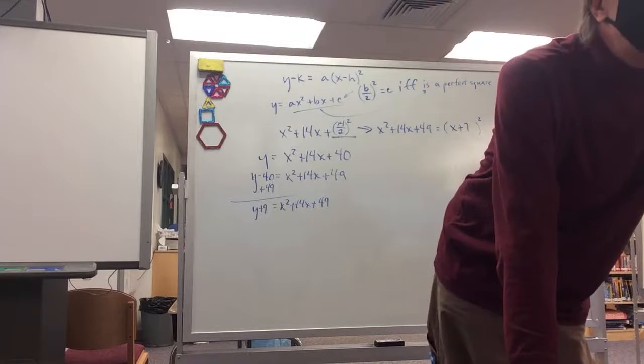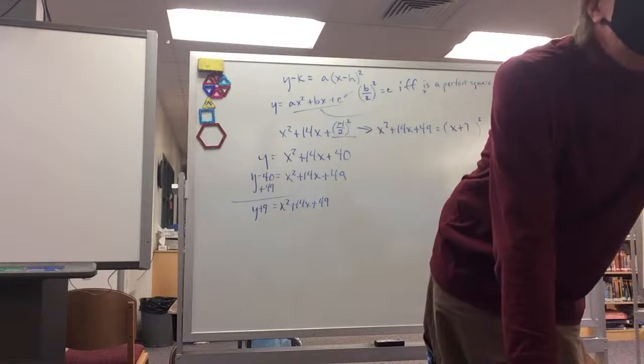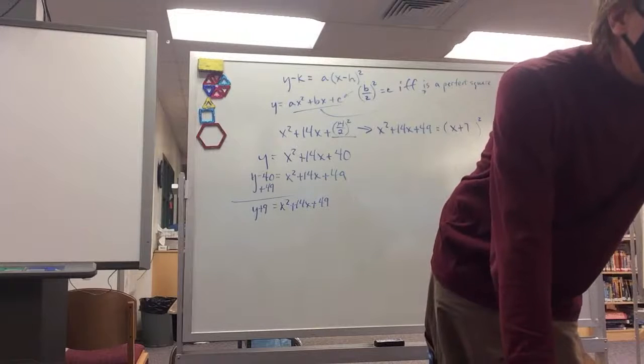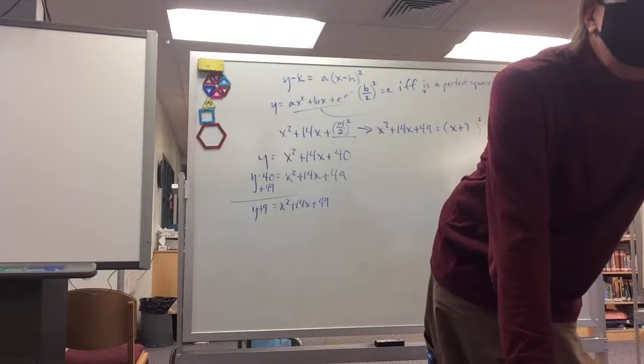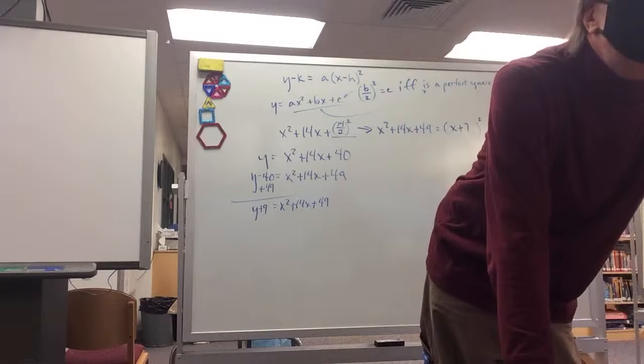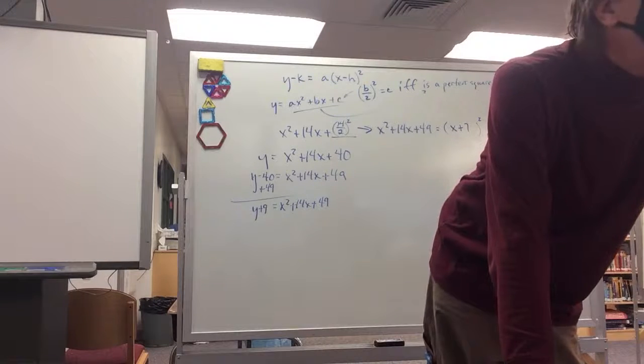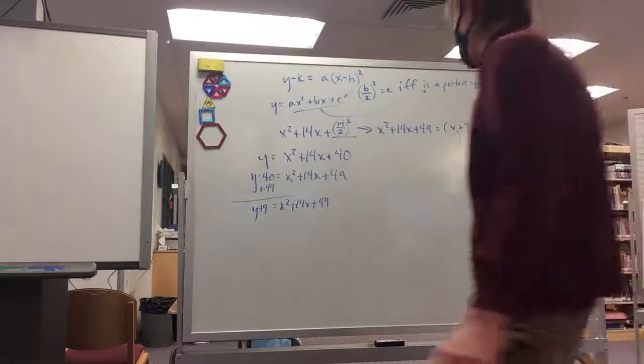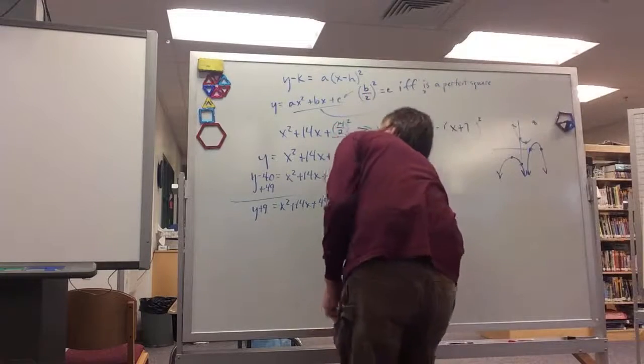Otherwise, what I will give you is the rest of the homework from this lesson today. But I also want to show you an example or two about how the application of completing the square works. So, shall we go forward? Okay.